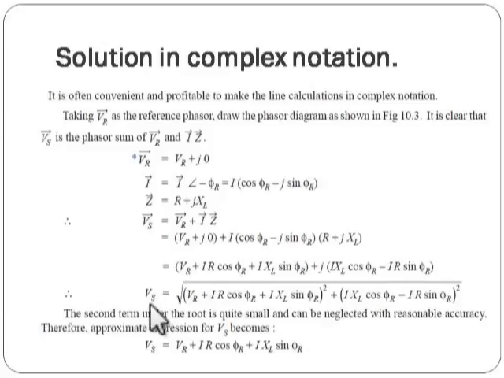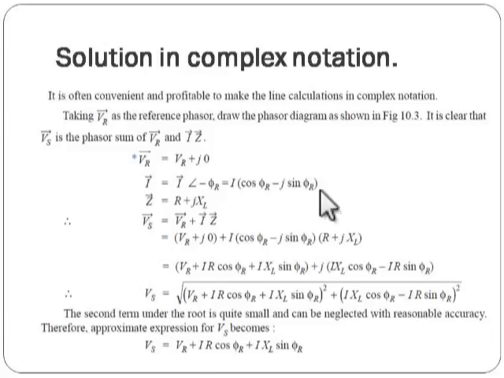In terms of magnitude, Vs is the square root of VR plus IR cos phi r plus IXL sin phi r, the whole square, plus IXL cos phi r minus IR sin phi r, the whole square. The second term under the root, IXL cos phi r minus IR sin phi r, is quite small and can be neglected with reasonable accuracy.